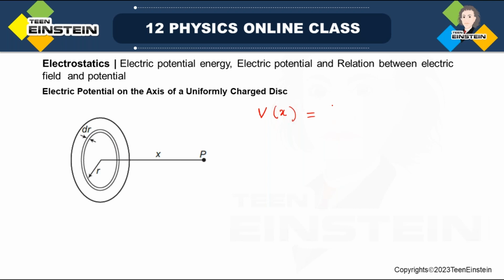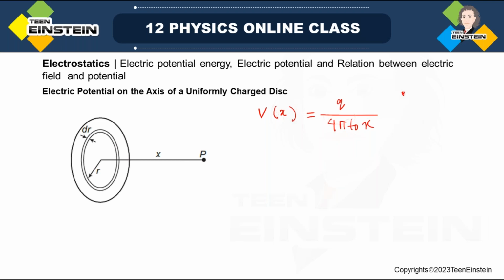If the charge is constant, it is q divided by 4 pi epsilon naught x, for a point charge at a certain distance x from the point charge. So one point you need to remember is that this distance x is always constant.